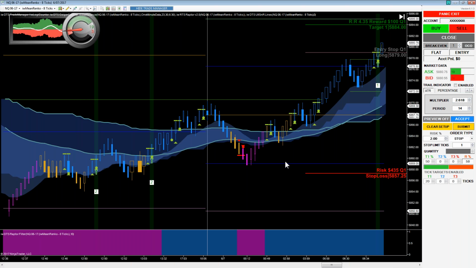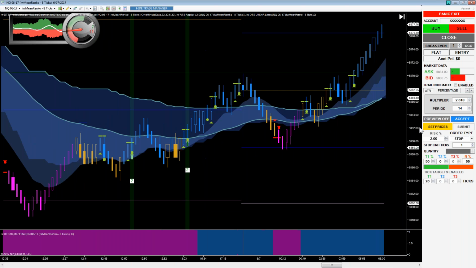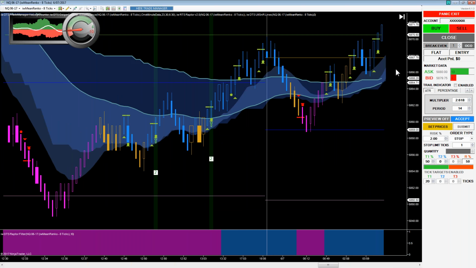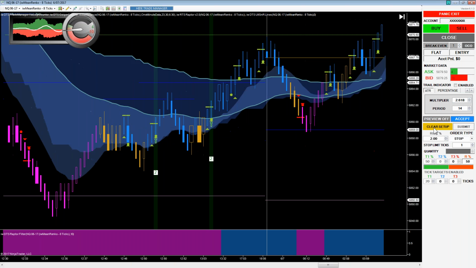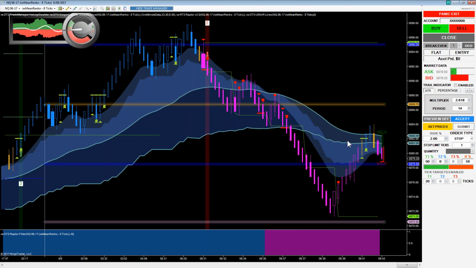We can do that. Or I can manage to get one contract on there, but it would have been much more desirable to take the trade like this. So that's what I'm looking at here now, is an early cloud crossover.